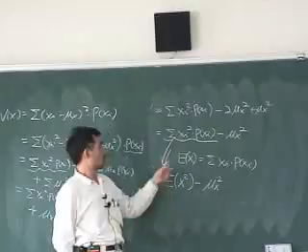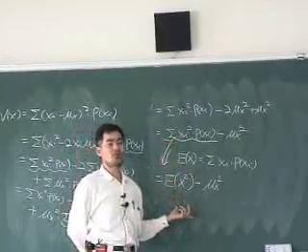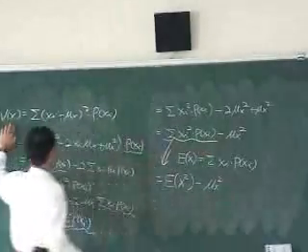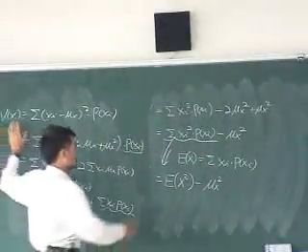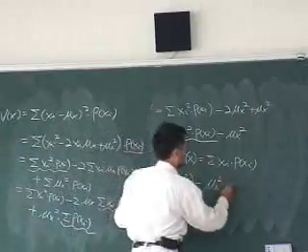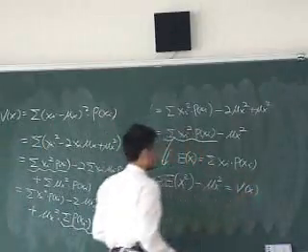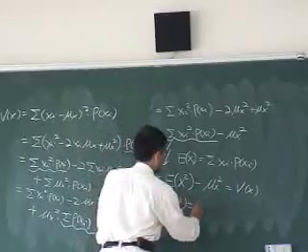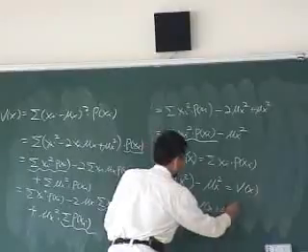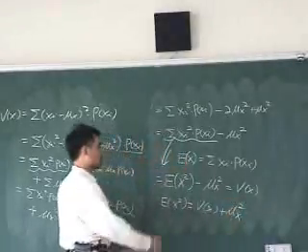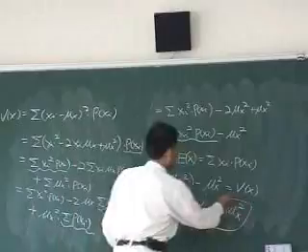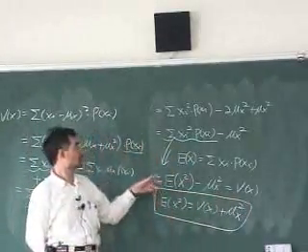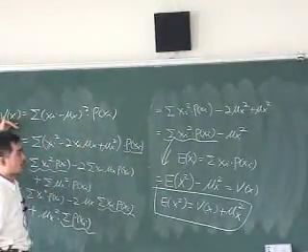So in this case, we get a new formula. What's the new formula? We know here it is Vx, so this one is equal to Vx. So what does that mean? Expectation of x squared is equal to Vx plus mu x squared. You should keep this in mind. Memorize this. This is a very important formula.